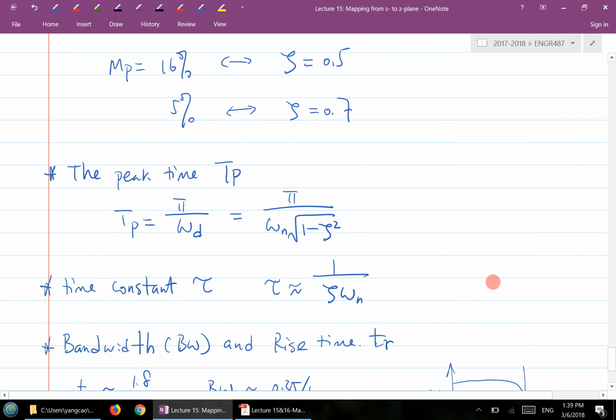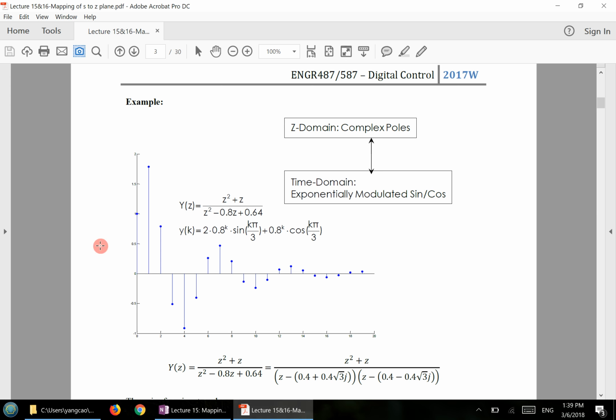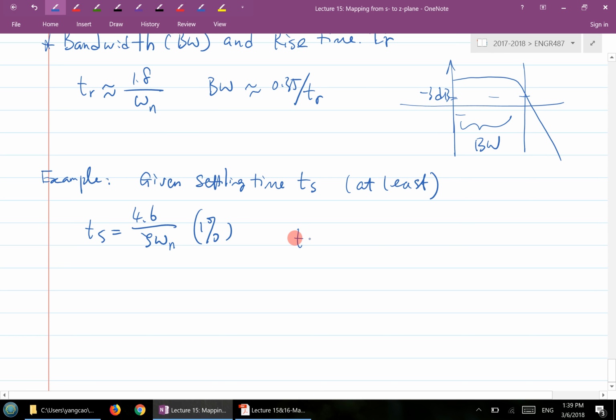So if you're given the settling time Ts, I'll just put a negative sigma here, because sigma equals negative zeta omega n. Then we can solve for the zeta here. So if you're given Ts, you can solve for zeta.